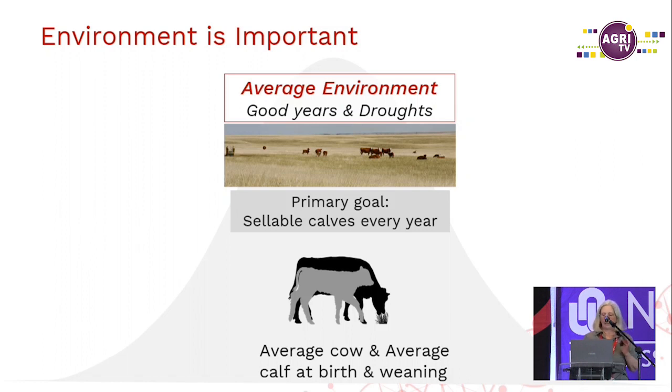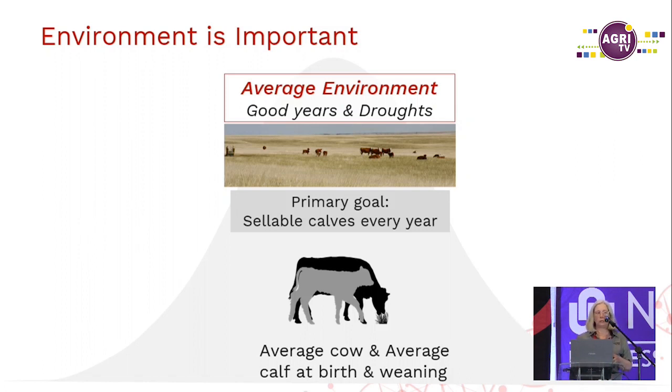That would mean it's an average cow with an average calf at birth and weaning, regarding weight, and in the better years, the one with more growth will do better. In the drought years, the one with less growth might do better. So you have a mixture there, and you can do whatever the environment asks of you.